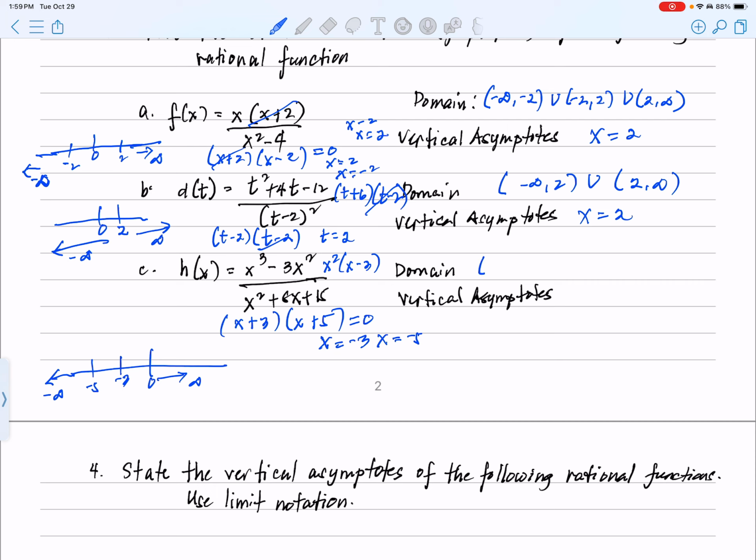We have negative infinity to negative 5 as the first interval, union from negative 5 to negative 3, union from negative 3 to positive infinity. Where is our vertical asymptote located here? We have 2 vertical asymptotes, at x equals negative 3 and x equals negative 5.